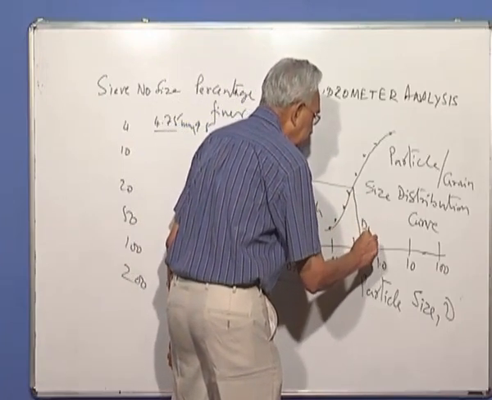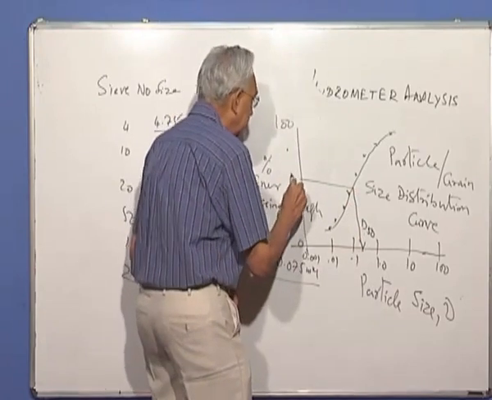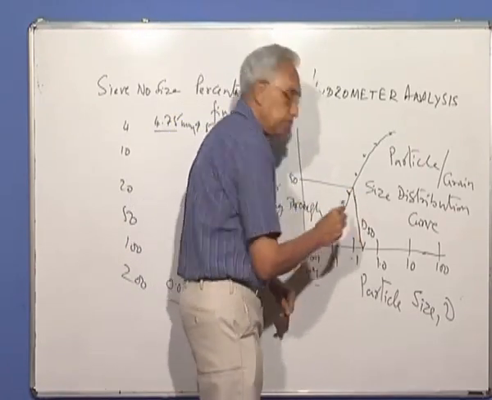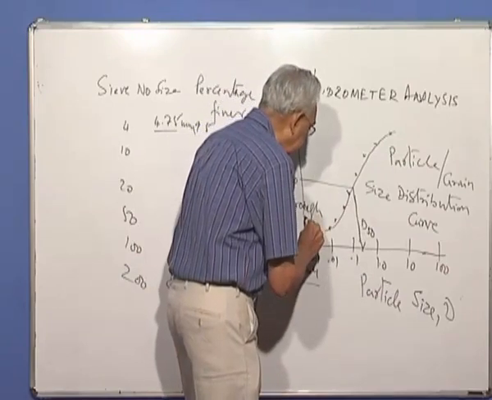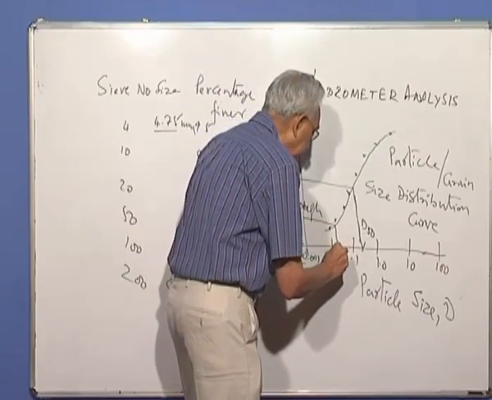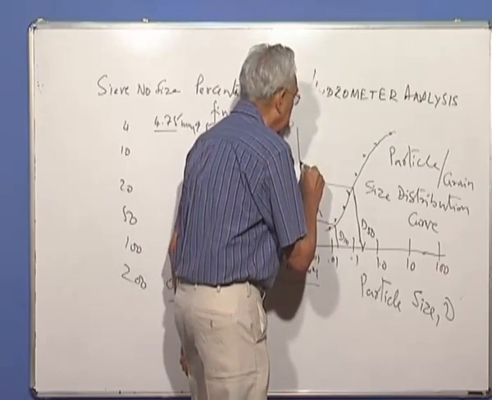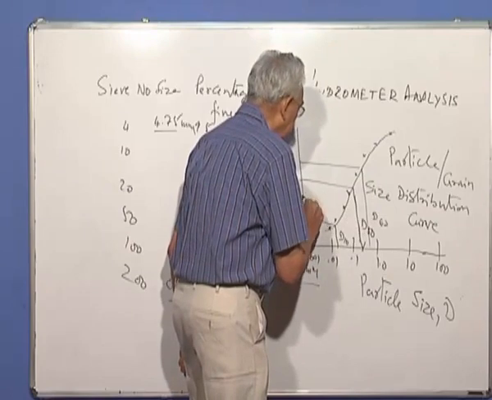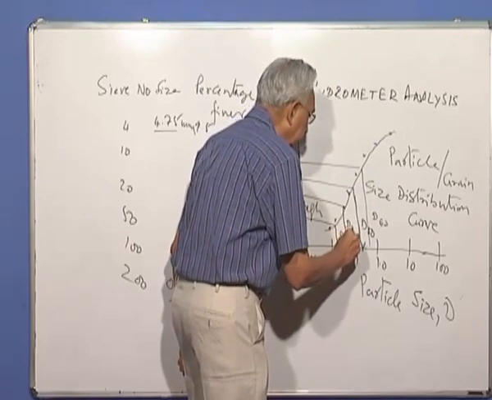this, which I call D50. What does it mean? 50% of the soil is finer than this particular size. Or I can say maybe something like this. This is D10. I can get D60, D30. Whatever size I want, I can get.